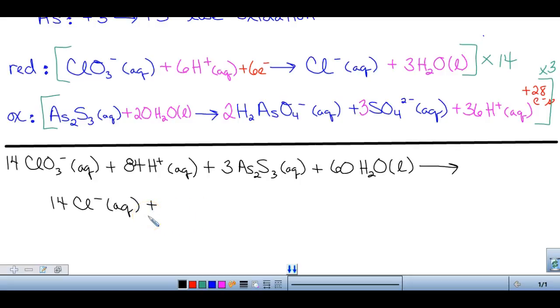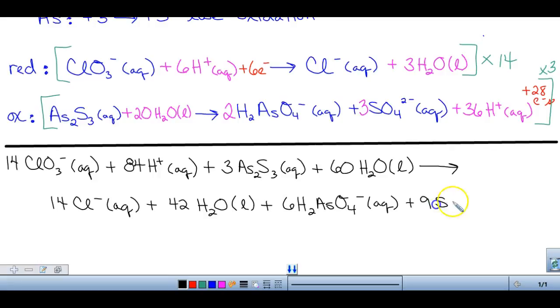Then 14 times 3 gives me 42 water molecules. And then 6 of this, and 9 sulfates.